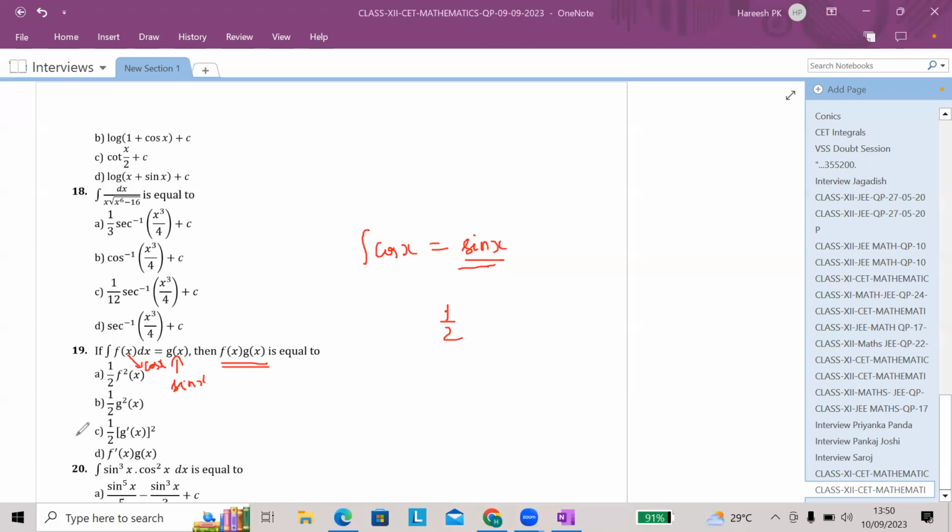So this would be the answer, option C, because G dash, sorry, f of x into g of x is sine x into cos x, which is sine 2x by 2. Now, which of them will be the right answer?